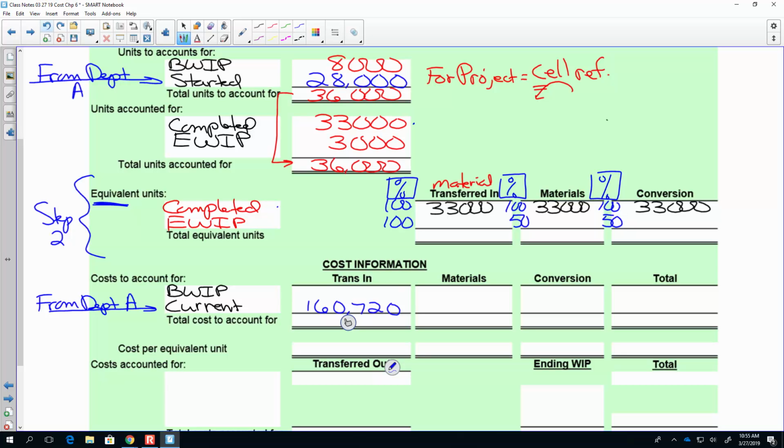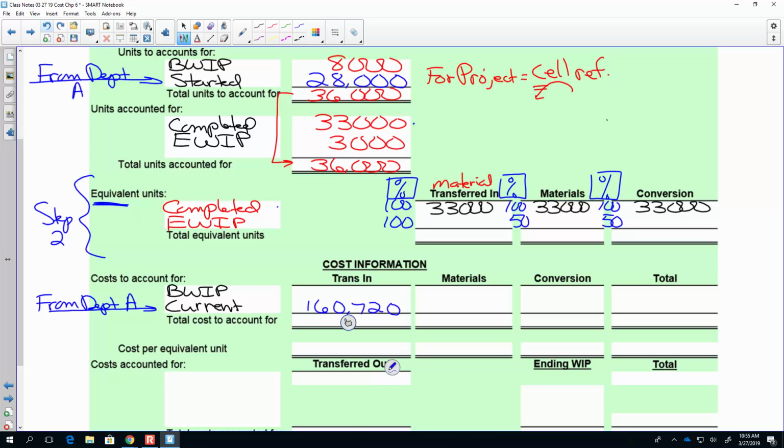Why is that? Think of your production line. I'm in Department B. I can't start until I get my Department A parts, right? So once I have all those parts, 100% of them, then I can go and do my part. As I'm working on that part, I'm adding more material, labor and overhead in the second department.